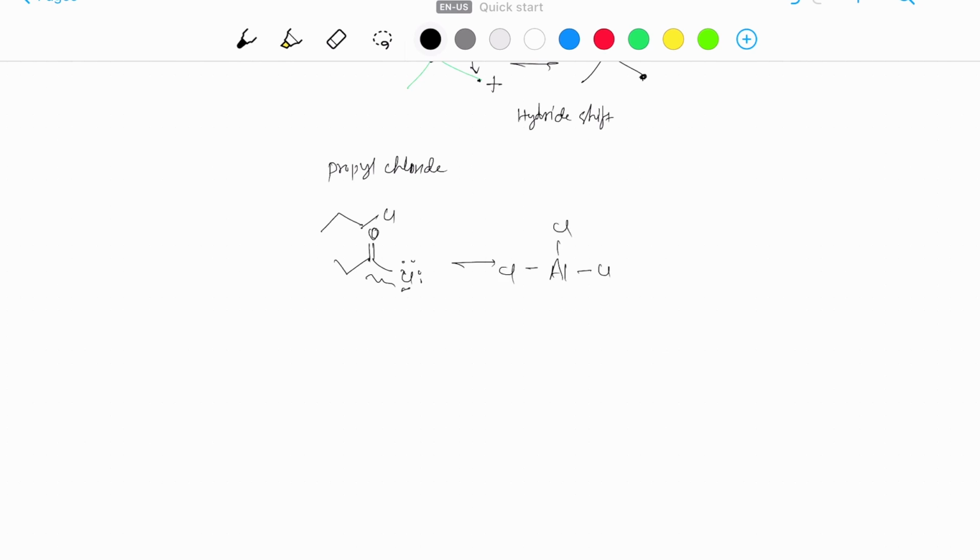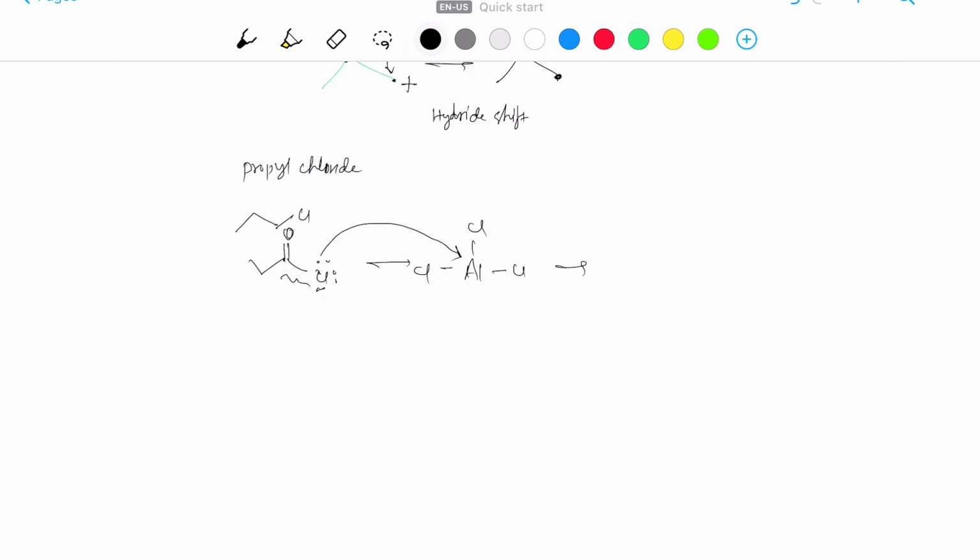This chlorine will try to donate electrons here, and will also form the complex like before, where we have this aluminum, we have 3 chlorines, and we're also adding this chlorine, but now it's connected to another carbon that is connected to oxygen, and we have this.